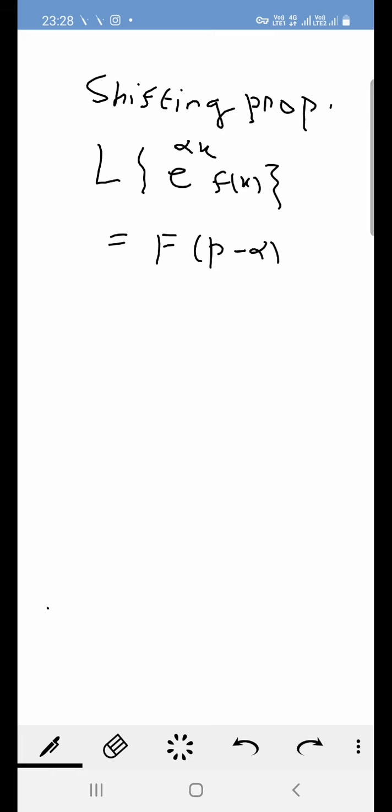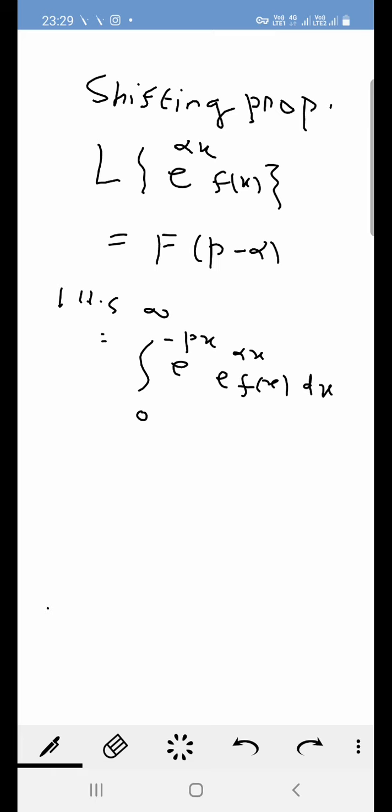So let's try to understand this. Let's take the left hand side. If we expand it, it will be the integral from 0 to infinity of e to the power minus px into e to the power alpha x f(x) dx.